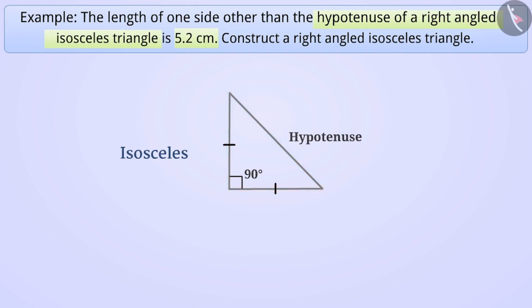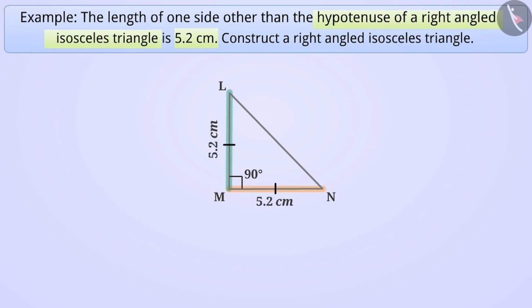In short, we have to construct a triangle LMN where MN is equal to ML is equal to 5.2 cm and angle M is equal to 90 degrees. Here we can construct triangle LMN using the SAS criterion.